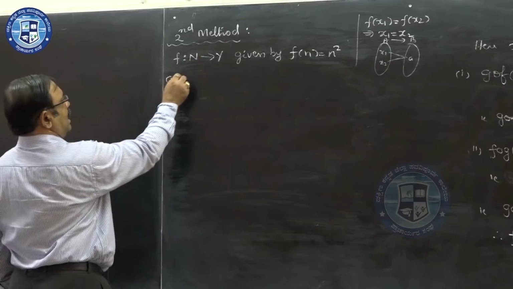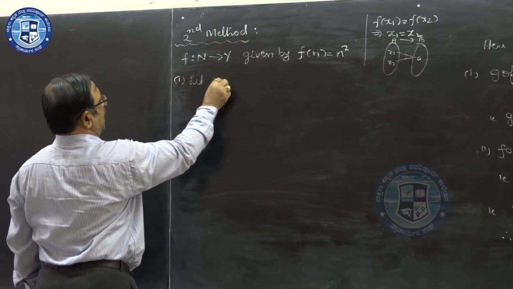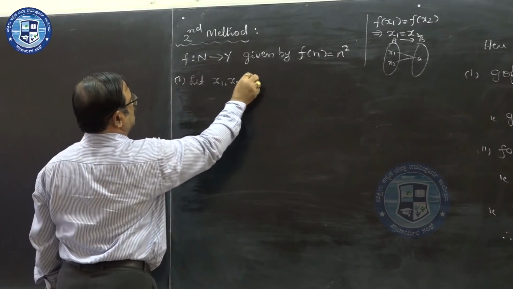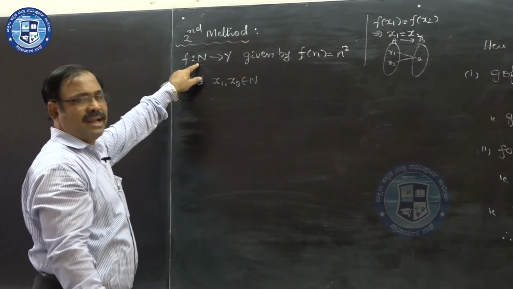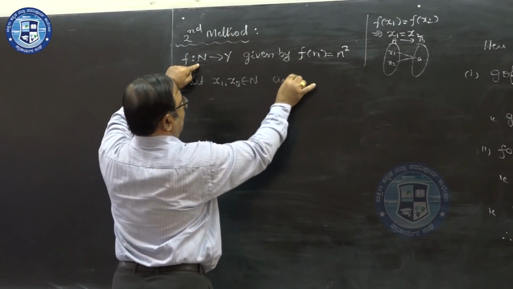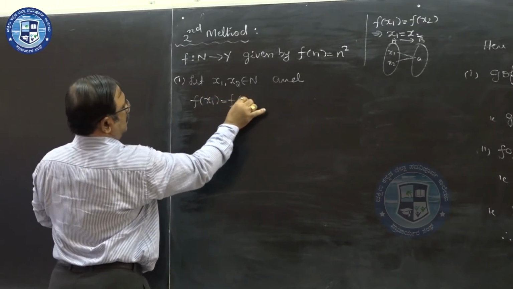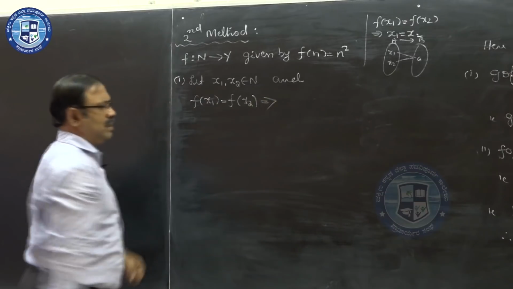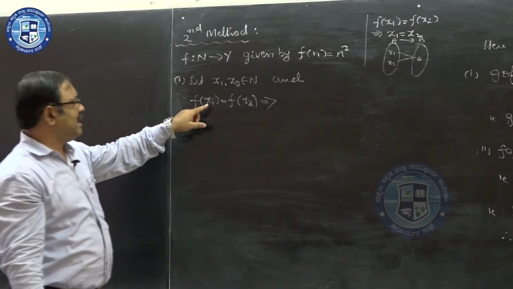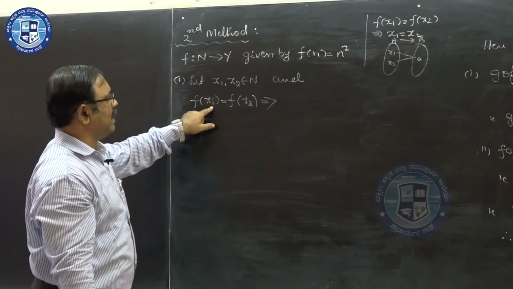So let x1, x2 belong to N and f of x1 equal to f of x2. Now what is f of x1?